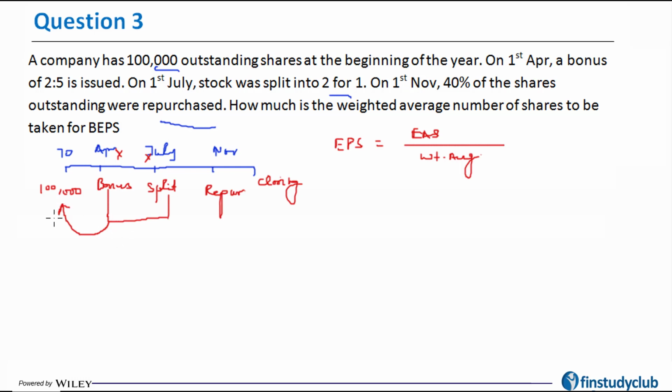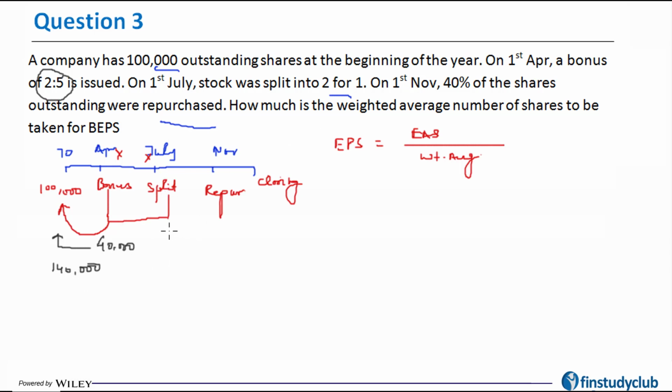What I mean by that is, in effect, if the bonus of 2:5, which means 40%, which means 40,000 new shares on 1 lakh. So these 40,000 shares came into existence from 1st April legally, but they will be deemed to be outstanding from the date of base shares, which is like 100,000 have been outstanding from 1st Jan. So we'll assume that since beginning they were 140.